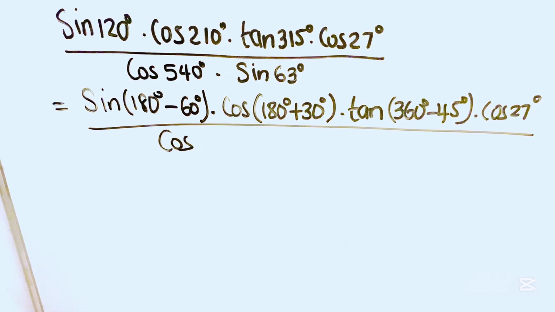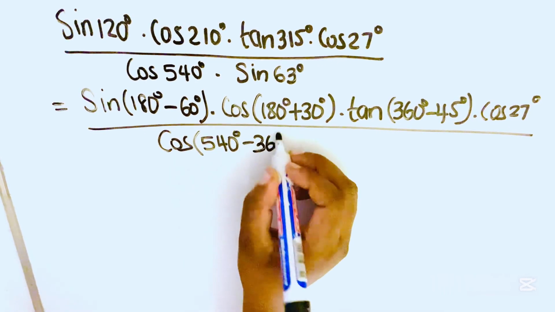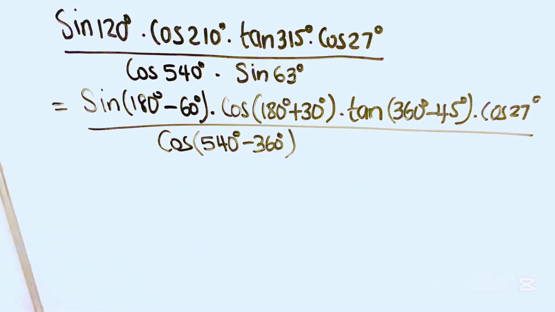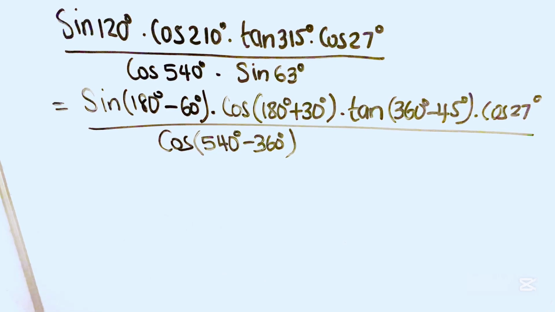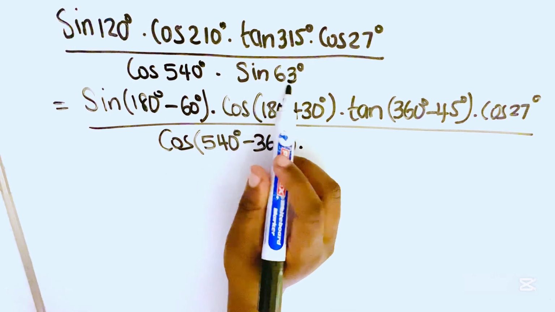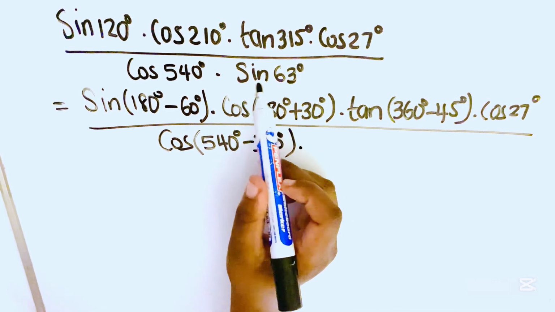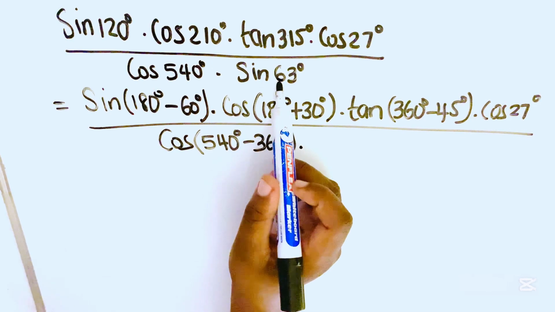We will minus 360 so that we can reduce it to the first revolution. Now that we have the sine of 63 degrees, 63 is still acute but not a special angle.